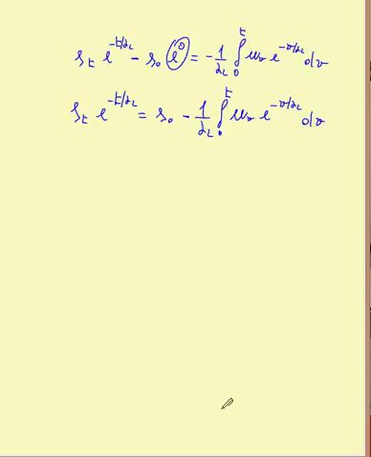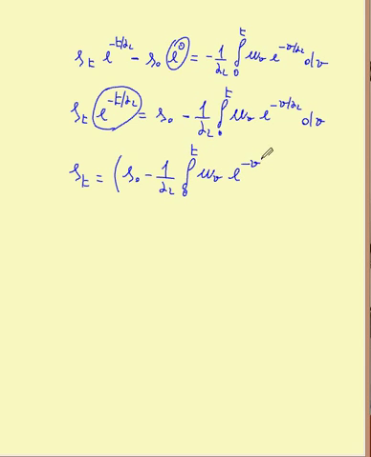Okay? So we can get st as st equal to s0 minus 1 over alpha 2 integral between 0 and t omega v e to the power of minus v over alpha 2 in dv, which multiplies e to the power of t over alpha 2.